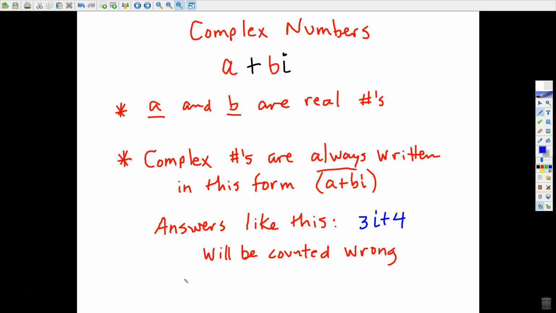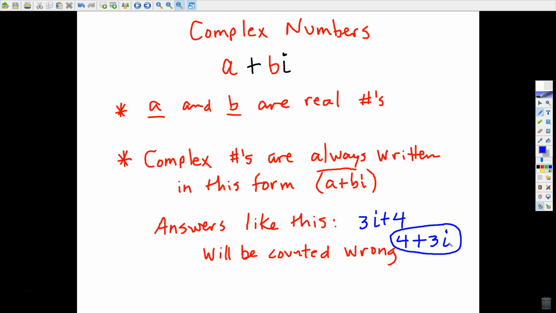It does, because I asked for a complex number, and if you give me this, you have not given me a complex number. Complex numbers look like this. Okay? So to make this correct, I need to turn it around and say 4 plus 3i. So please remember that on homework and tests.